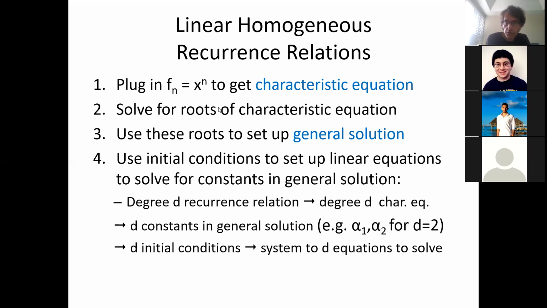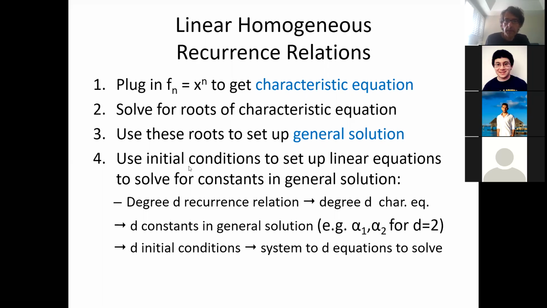You're solving for the roots, and if we cook up a correct example for you, then these roots will be unique, and there will be g of them. Based on these roots, you will set up a general solution, as on the previous slide: some constant times the first root to the n plus a constant times the second root to the n, etc.